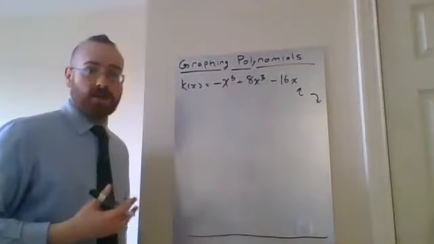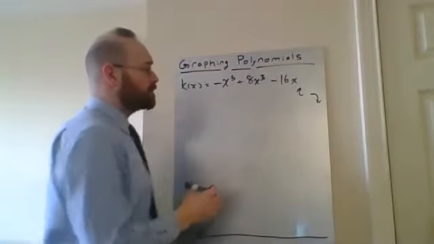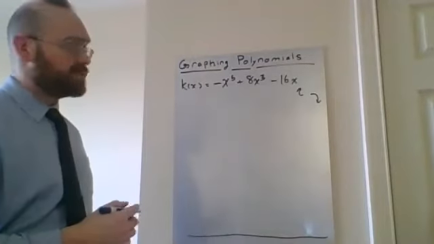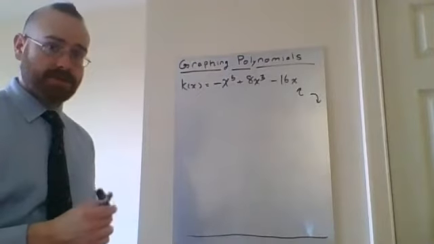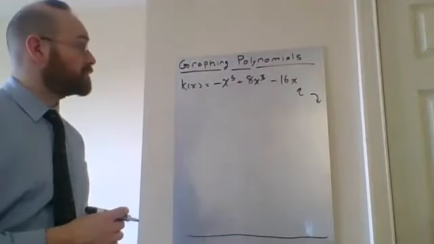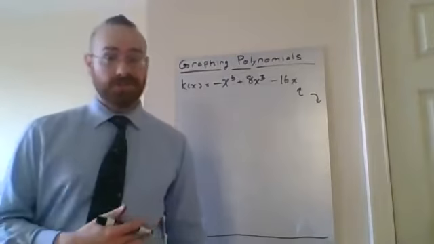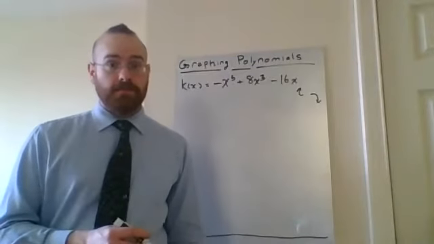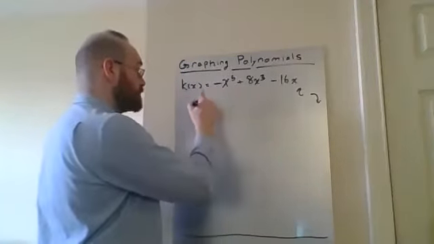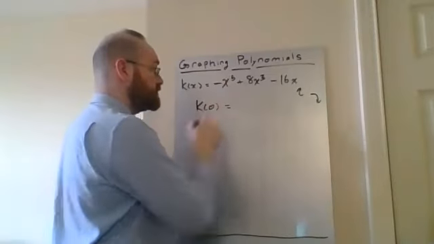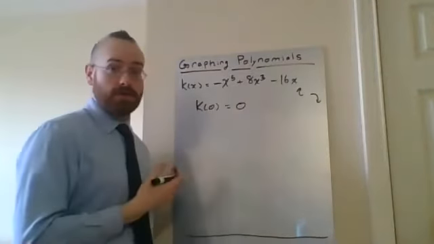Second step is finding our y-intercept. Is there a y-intercept? It's a good question. We don't have a constant term. So it turns out there is a y-intercept, because what happens when you plug in 0? K of 0 is just equal to 0.